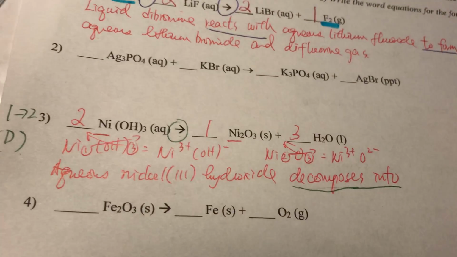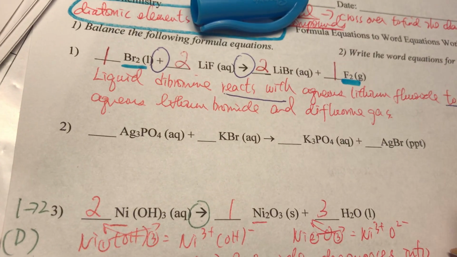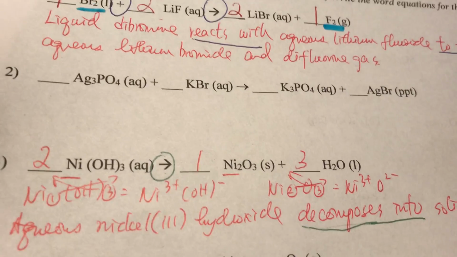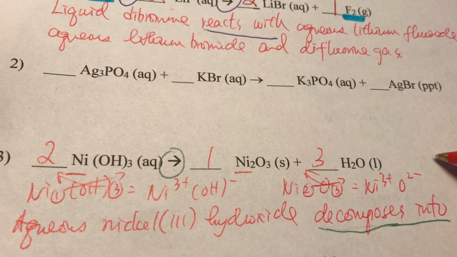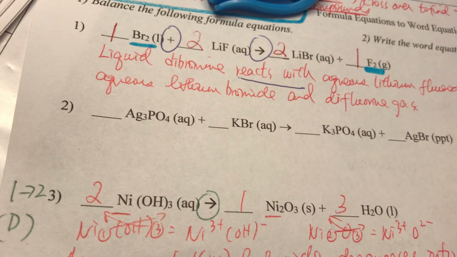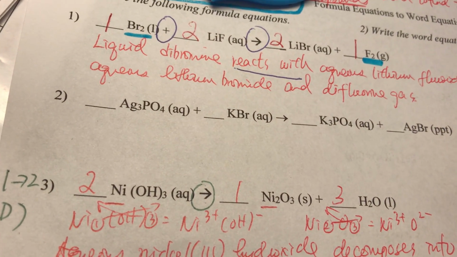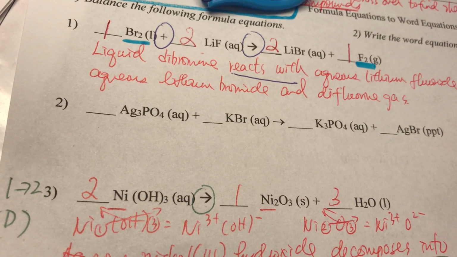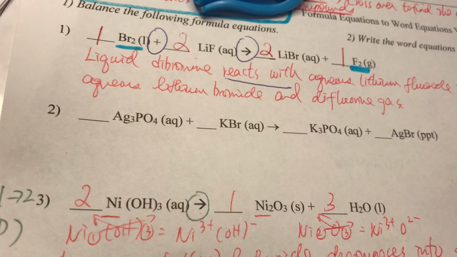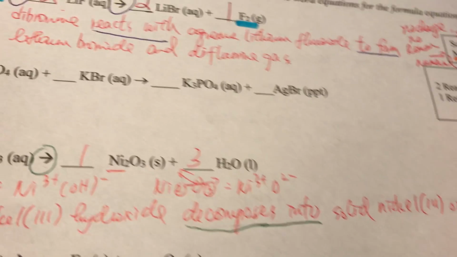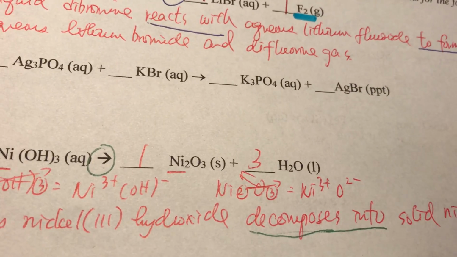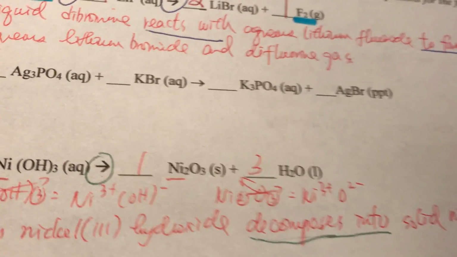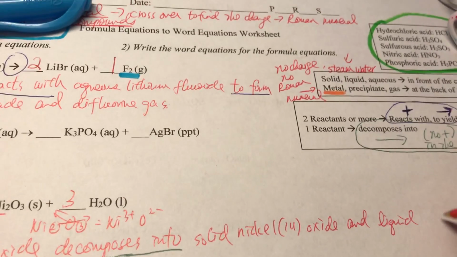Now here, solid. This one, the charge is happy, I don't need to multiply any number. So this is solid nickel(III) oxide, and then liquid, we can just use water. That's fine, we just name it water.